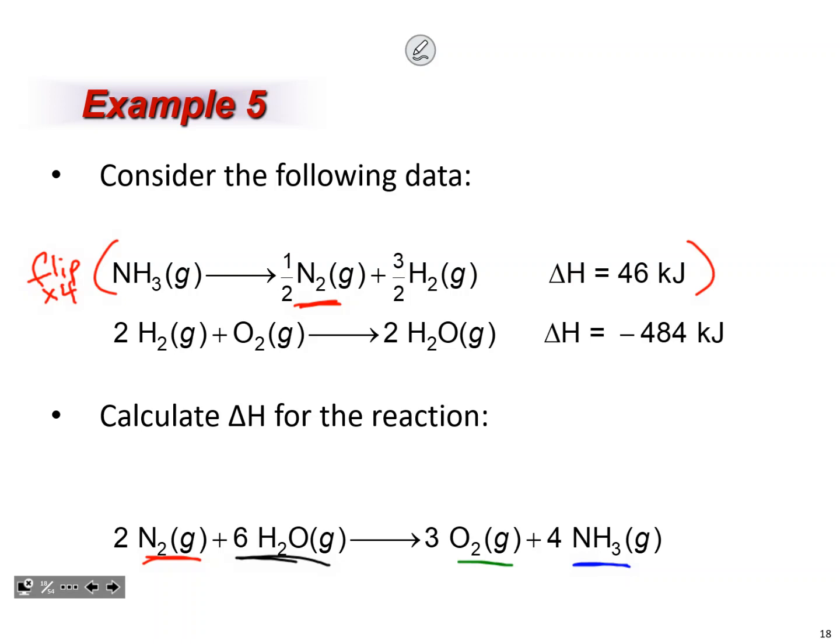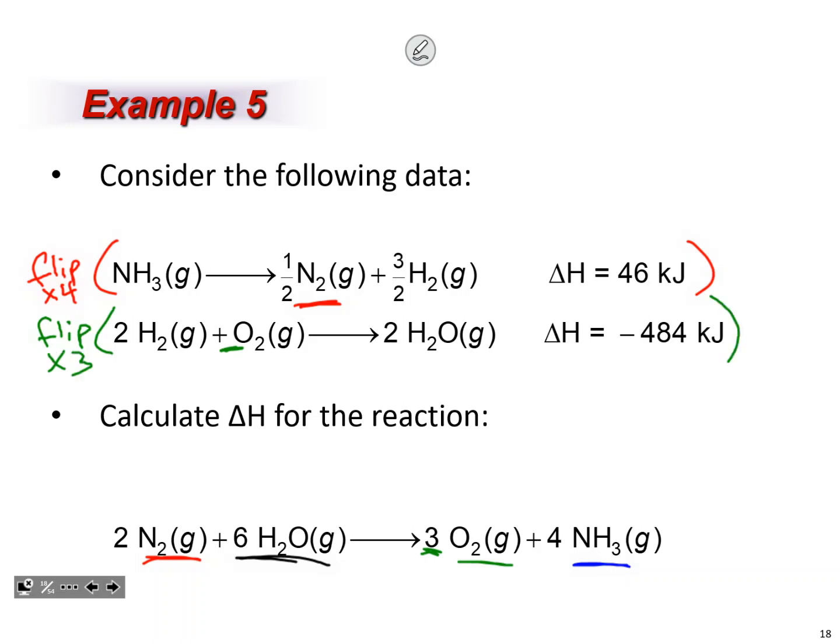Now, okay, next, I say, okay, H2 is not in my overall, so that one's probably going to cancel. O2 is in my overall, but it needs to be a product. So what am I going to do here to the second one? I have to flip that one too. And here it's only 1, but I need it to have 3. So I'm going to need to multiply it by 3.